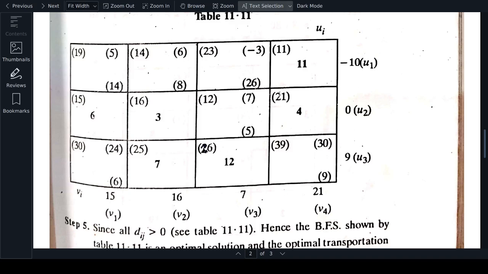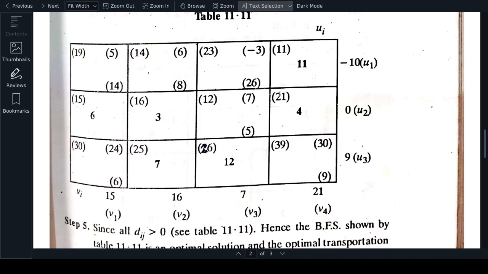Starting from cell 2,1, C21 equals U2 plus V1, because here 6 is an allocation, so this is an occupied cell. So Cij is calculated from the occupied cells.